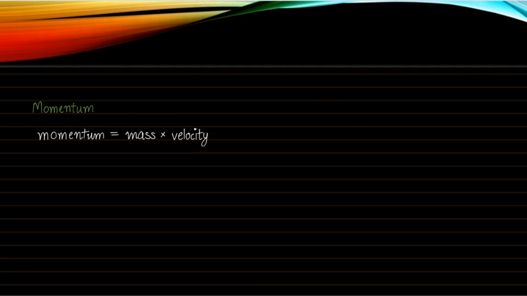Momentum is represented by p, mass by m, and velocity by v. Now what will be the unit of momentum? The unit of p will be the product of the unit of mass and the unit of velocity.